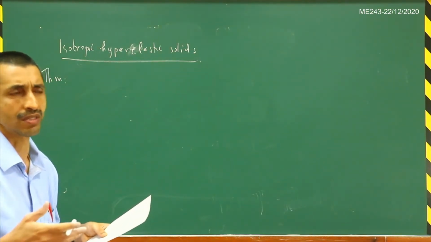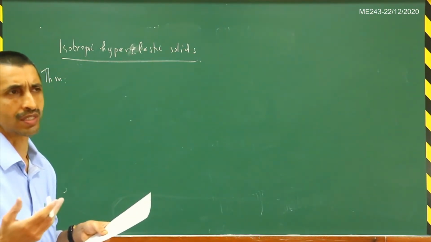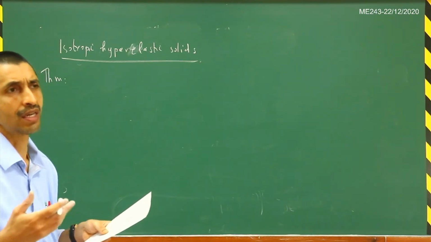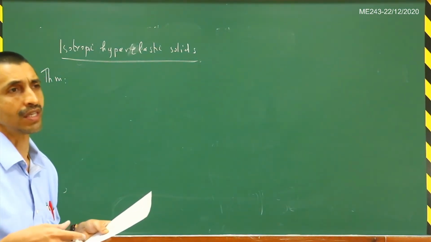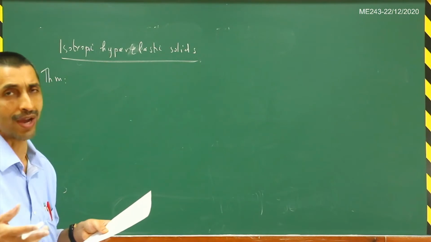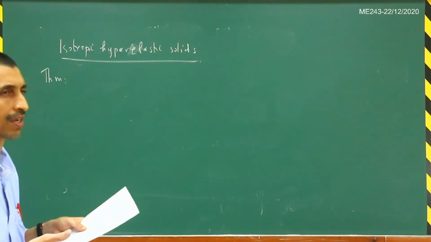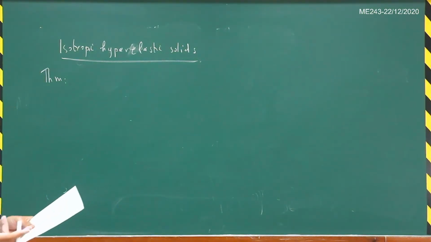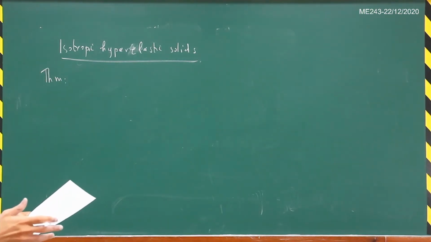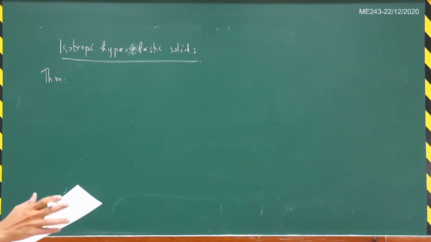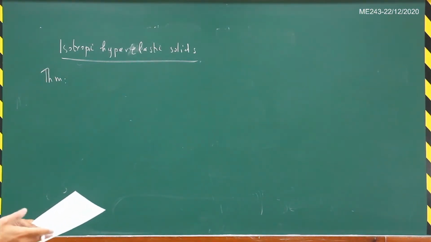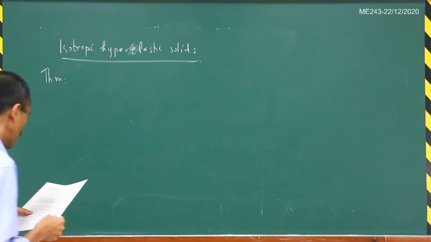That is because, again, if you reverse the steps, you will get that S hat of F is equal to F inverse times del W hat by del F. So that's just a reversal of the steps and you will get that the material is hyperelastic. I think that part is fairly trivial, so I'm not proving that converse. So that's why we are just going to the next theorem now.